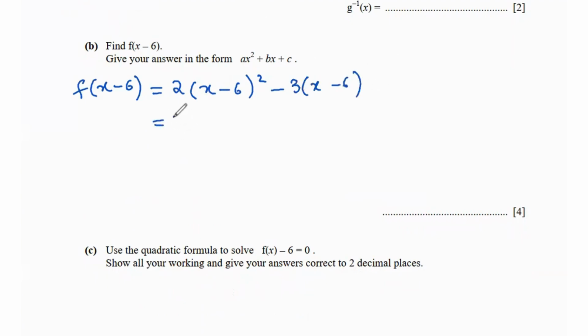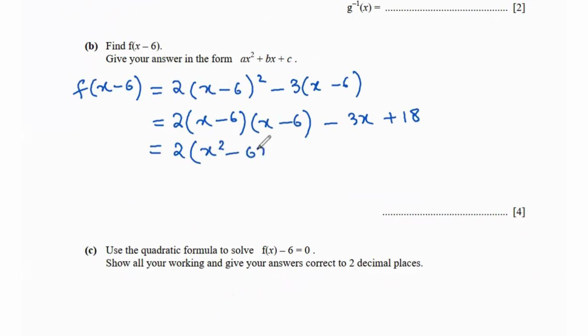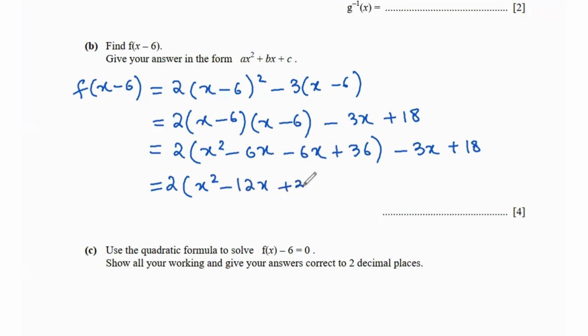So you just expand the bracket, 2 times x minus 6 times x minus 6, then minus 3x plus 18. So that's 2 times x squared minus 12x plus 36, and -3x plus 18 as it is.